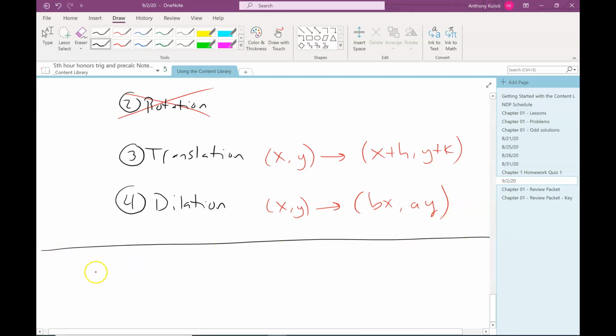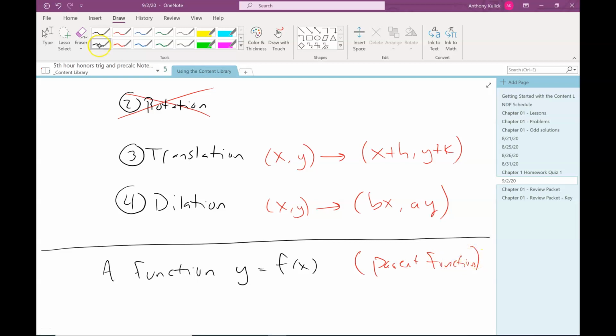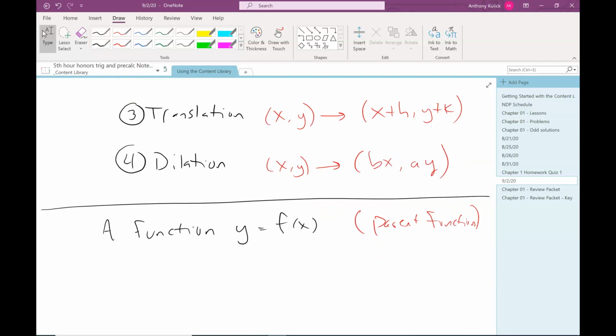So let's say we have a function y equals f of x. Oftentimes, this original function we refer to as a parent function. That's a term that we used a lot last year in your Algebra 3-4 class.